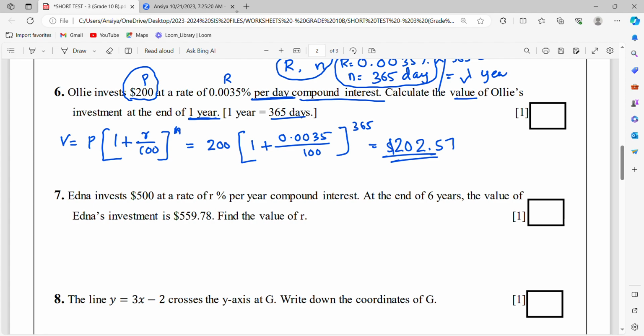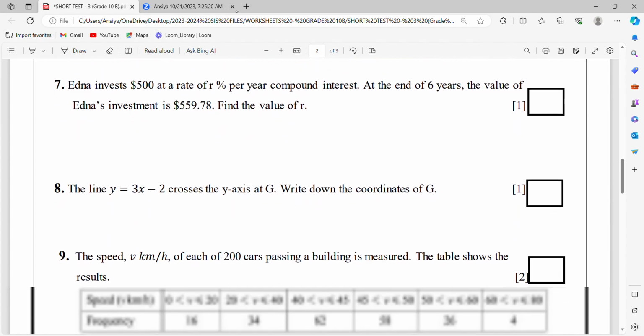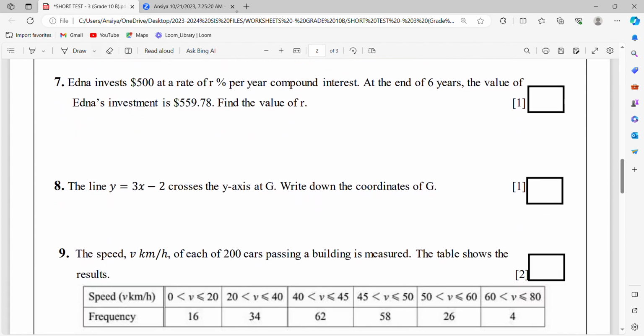Now, Edna invests $500 at a rate of R% per year compound interest. At the end of 6 years, the value of Edna's investment is 559.78. Find the value of R. So same topic, but this time the rate is missing.